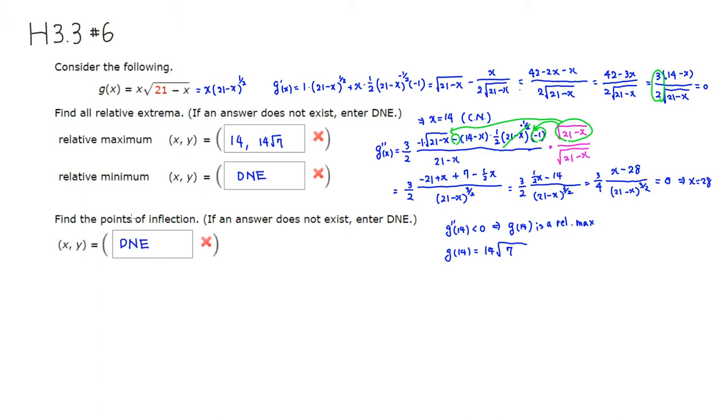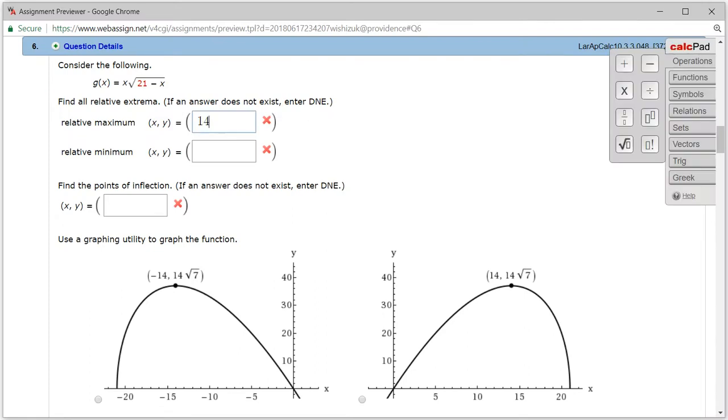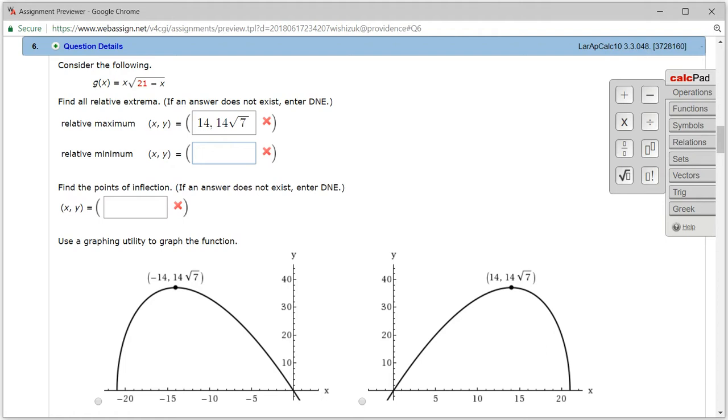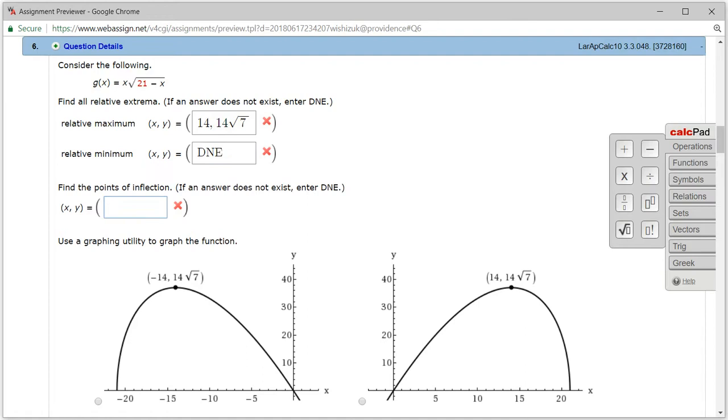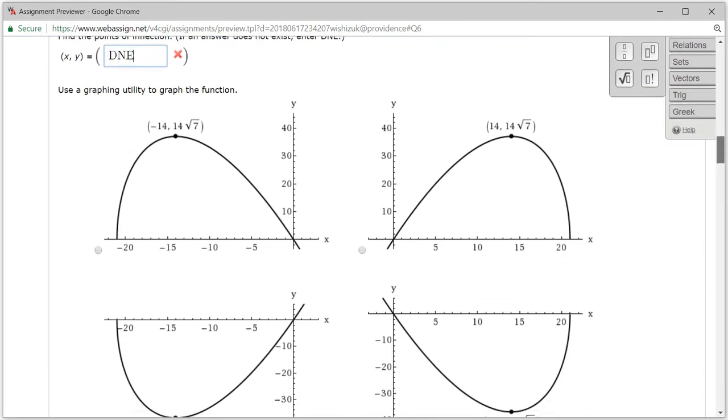Right? So let's type it in. We got 14 comma 14 square root of 7. The local min does not exist, and the inflection point does not exist. And picture-wise, it's at 14.